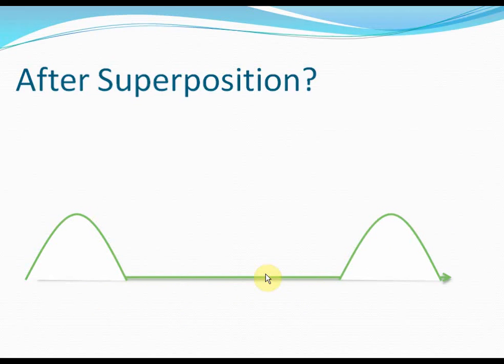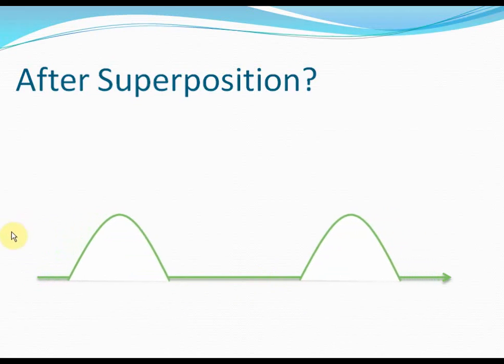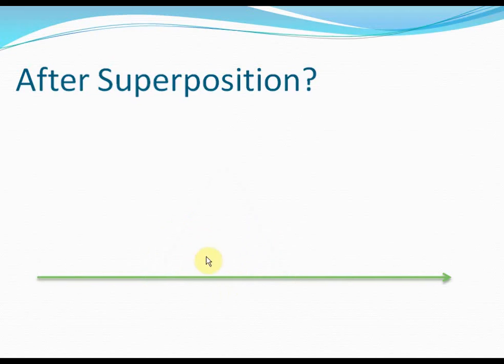Let's have a look again. The displacement at this point is simply getting added as the pulses are moving towards each other. And now the pulses are separating. This is what happens when two pulses meet each other.